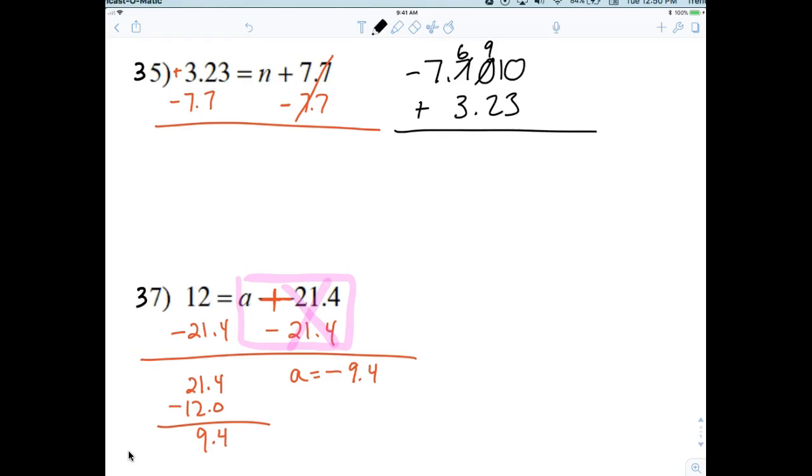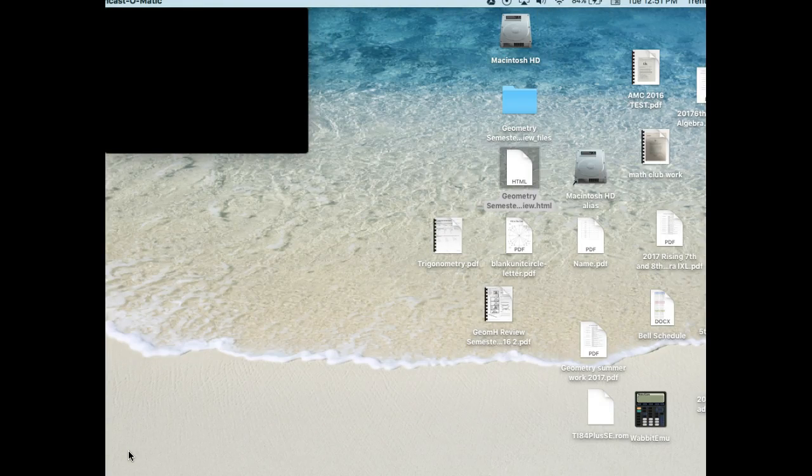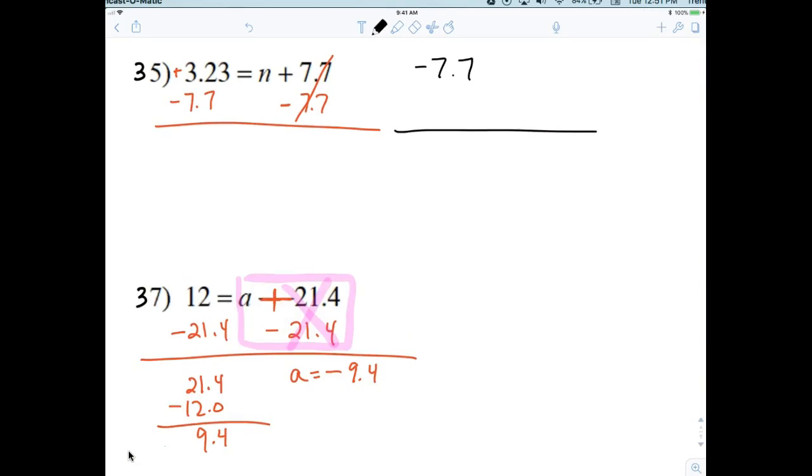And so now, actually I didn't. I just thought that the decimals had to line up. Yeah, they did. I just was distracted. Let me show you one more time. All right, so this was negative 7.7. I'm not sure what's going on.